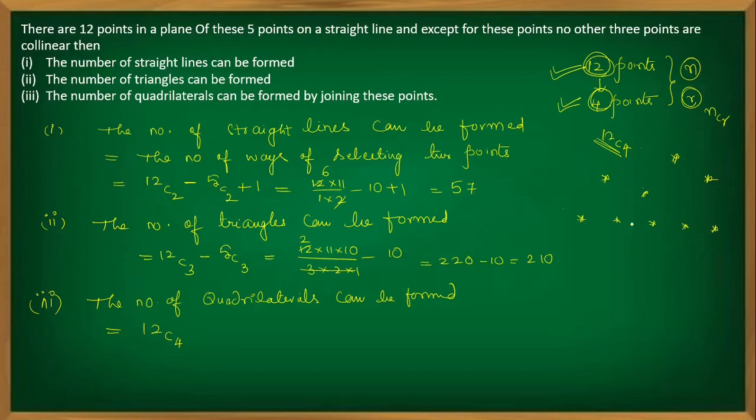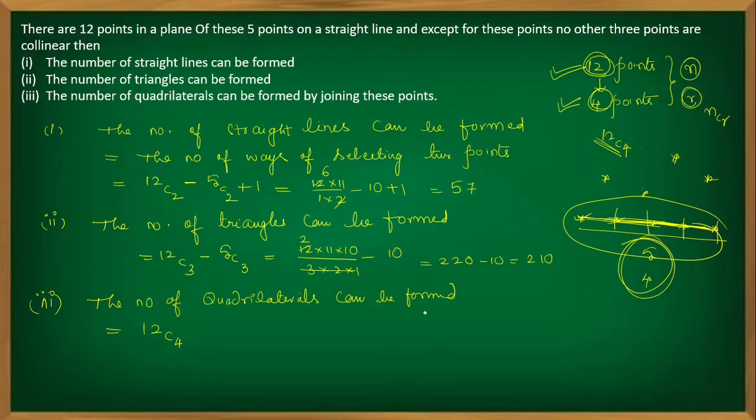Now you see here, from these 5 points, if you select any 4 points, say 1, 2, 3, 4, and join them, you are not going to get any quadrilateral. If you select this point, this point, this point, this point, again you are not going to get any quadrilateral. So from these 5 points, if you select any 4 points, you are not going to get any quadrilateral, which is counted here already, because 12C4 means any 4 points, and those 4 points may be from these 5 points also.